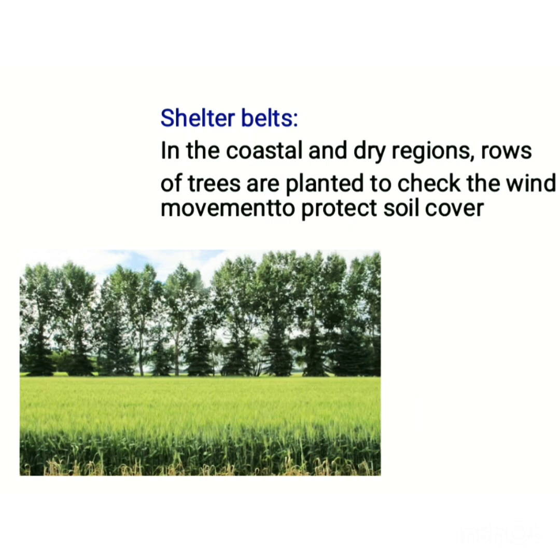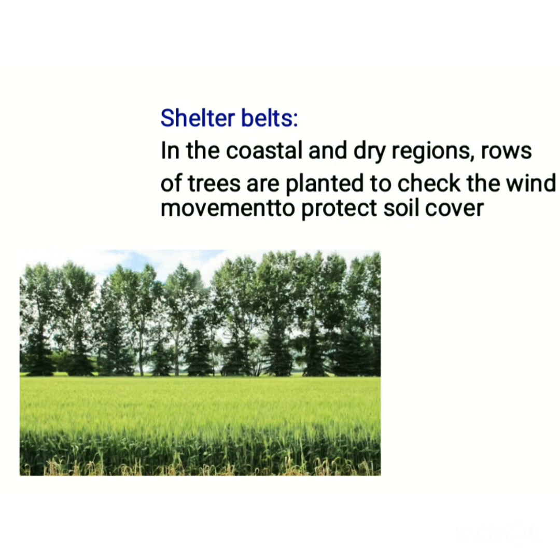The next one you can see is mostly seen in the coastal and dry regions to conserve soil and prevent soil erosion. It is shelter belts. In the coastal and dry regions, rows of trees are planted to check the wind movement to protect the soil cover. In coastal and dry regions, the major agent of erosion is wind.